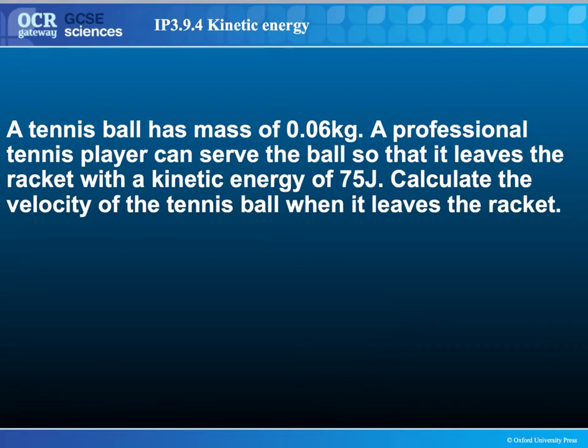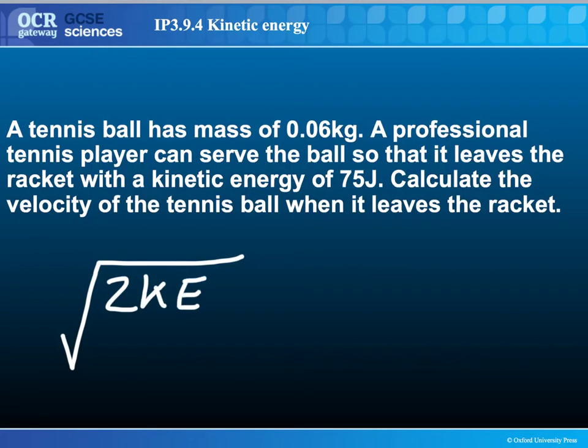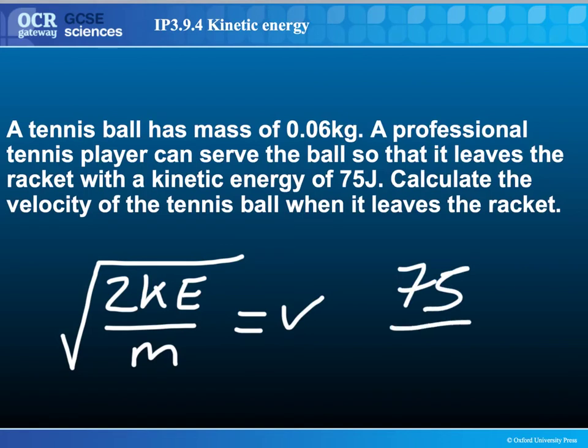This is the rearranged version of the equation that you need in this one. The rearranged version of the equation ends up being a square root. You need the square root of 2 times the kinetic energy divided by mass. That gives velocity as the subject. So in this equation, where you have kinetic energy of 75 and a mass of 0.06, you need to do 2 times 75, giving you 150, before you divide that by 0.06.